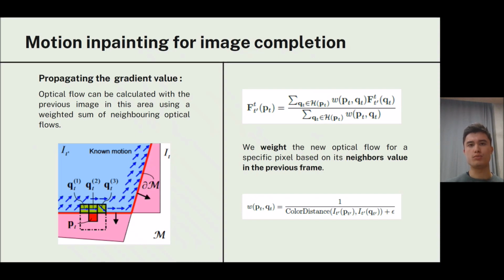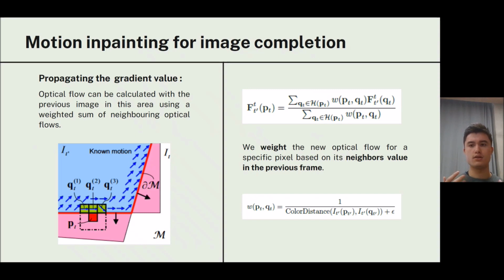The formula that is proposed is actually a weighted average of the optical flows of the neighboring pixels, and the weights are calculated based on a color distance between our pixel P in a black area and all the neighboring pixels Q. This color distance is actually a simple L2 norm in the RGB space.